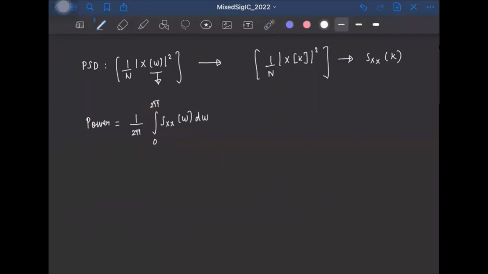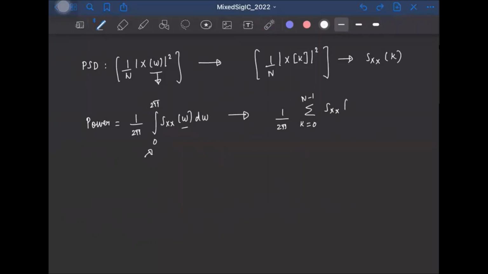Now how does this equation transform? This is 1 by 2 pi. Integration will now become summation, and the variable is no longer omega, it is k. So k goes from 0 to N minus 1, of the power spectral density as a function of k.